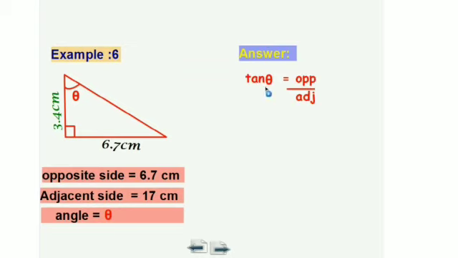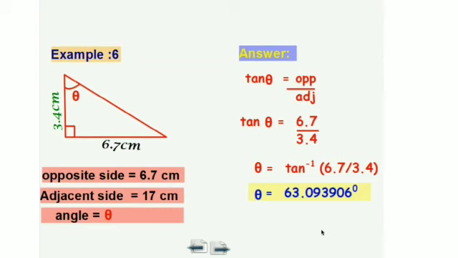So tan theta is equal to opposite divided by adjacent. That is tan theta is equal to 6.7 divided by 3.4. Now what is our theta? Theta is equal to tan inverse of 6.7 divided by 3.4. The calculator answer is 63.093906 etc. degrees. Now we should write this to one decimal place.